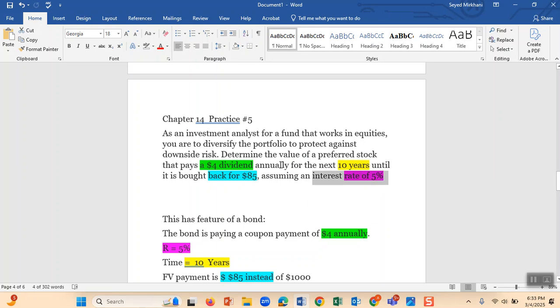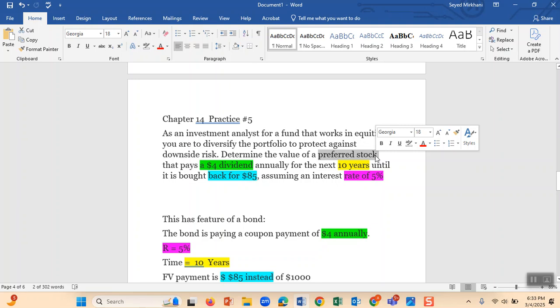This usually comes in percentage. If we have these numbers, then we can calculate the value of a bond. Because this preferred stock has the feature of a bond, we can use the bond formula to calculate, and we can use those schedules that the book gave us.